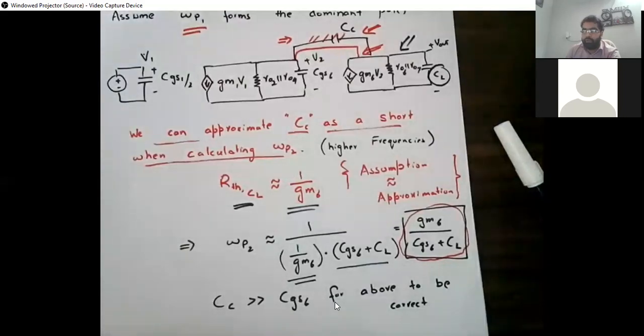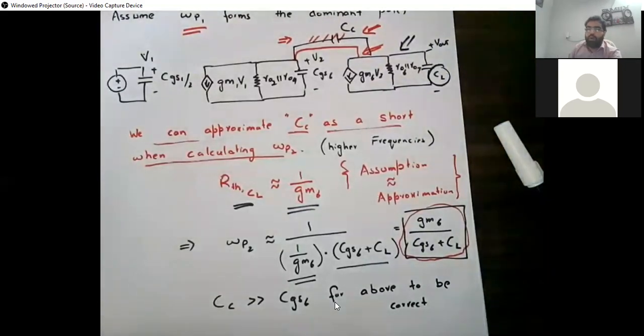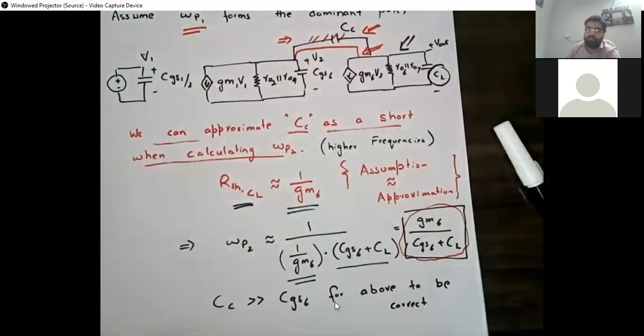Why did we take it as a high frequency? Because we assumed that omega P1 is a dominant pole, so omega P2 is a non-dominant pole. This means it's lying at a higher frequency. Since it's lying at a higher frequency, 1 over 2 pi FCC is going to be near 0, and when something is near 0, we can take it as a short.